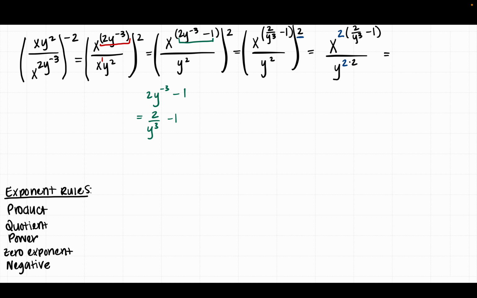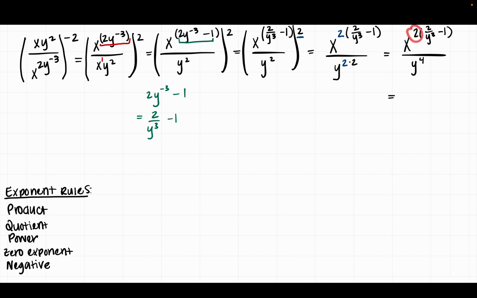If we rewrite this one last time, we have x raised to the 2 times 2 over y cubed minus 1 divided by y to the 4th.